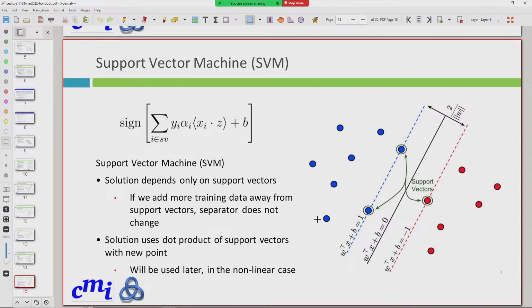So, the bottom line is that when you solve all these things, the solution that you get turns out to be like this, right. You have these coefficients that you get by solving that quadratic program. As I said, whenever this alpha is non-zero, it is a support vector, which is to say it is one of those points which are closest to the hyperplane, right.